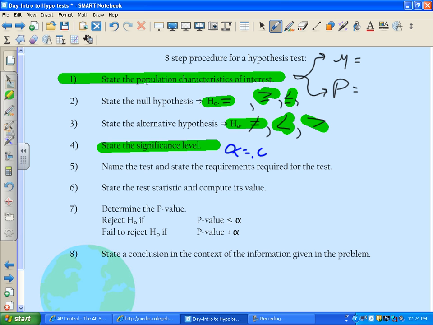Your significance level, an alpha level of 0.05 is the 95% confidence level. Okay? I'll say it again. The alpha level of 0.05 is a 95% confidence level.